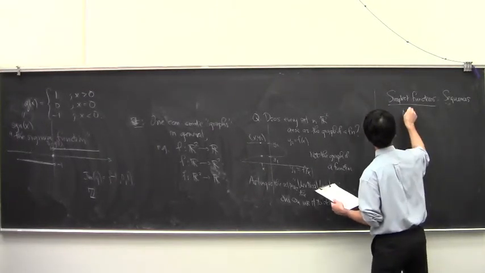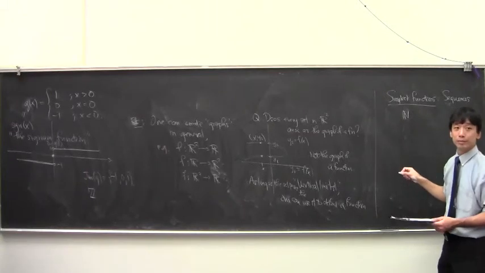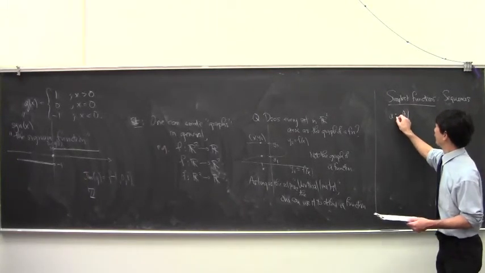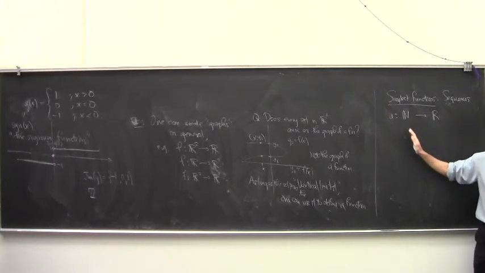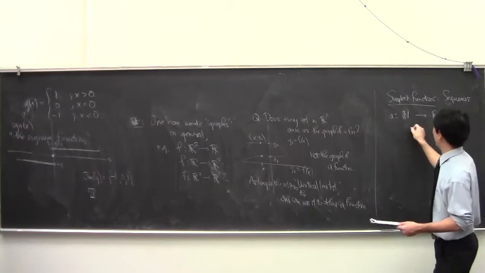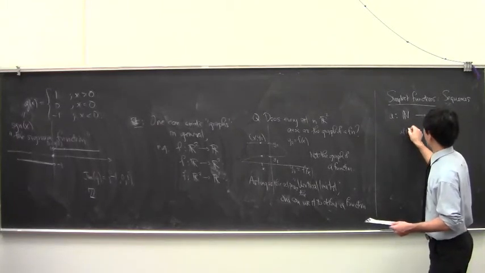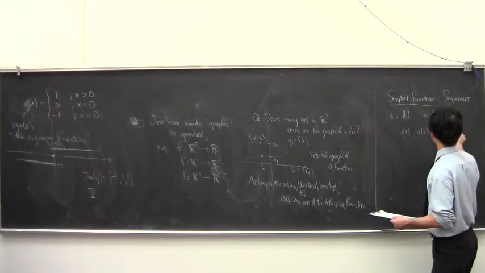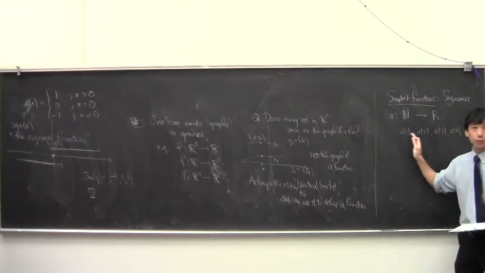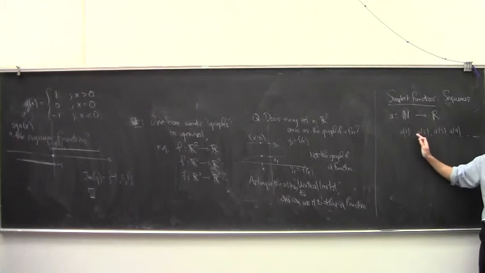The domain is going to be the natural numbers. A will go from the natural numbers to R, so to every natural number it gives some output. There'll be an A of 1, an A of 2, an A of 3, an A of 4, but there's nothing in between. There's no A of 1.5. There's only A of the natural numbers.